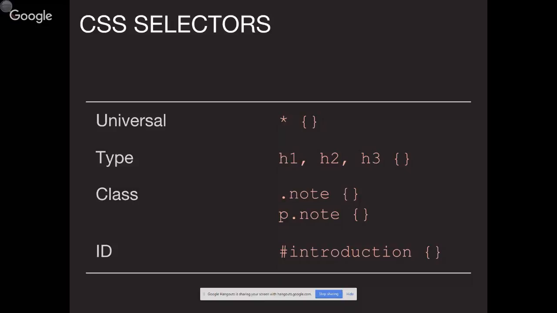Let's say we want to apply the note class to 3 out of the 5 paragraphs on the page. We want 3 paragraphs to be a note and maybe change them to italicized. And so we would say for those paragraphs class equals note, and then in the CSS apply a certain property.